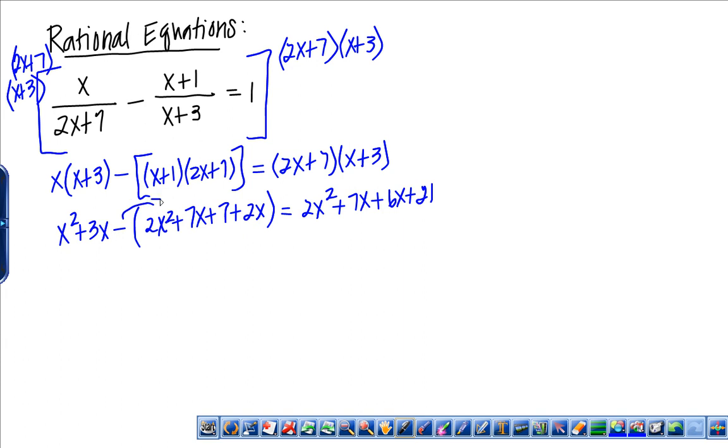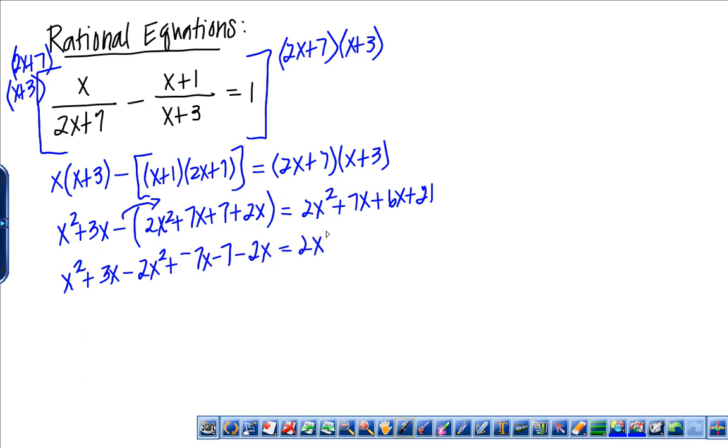Now I need to distribute this negative in. So x squared plus 3x minus 2x squared minus 7x minus 7 minus 2x.